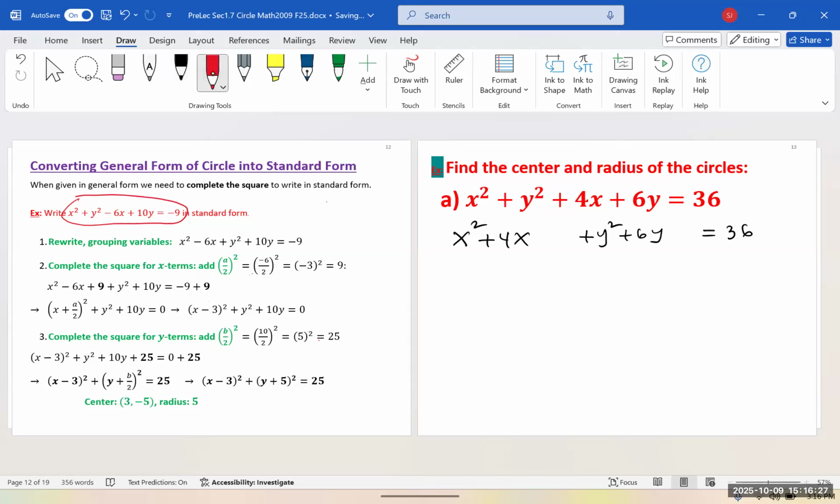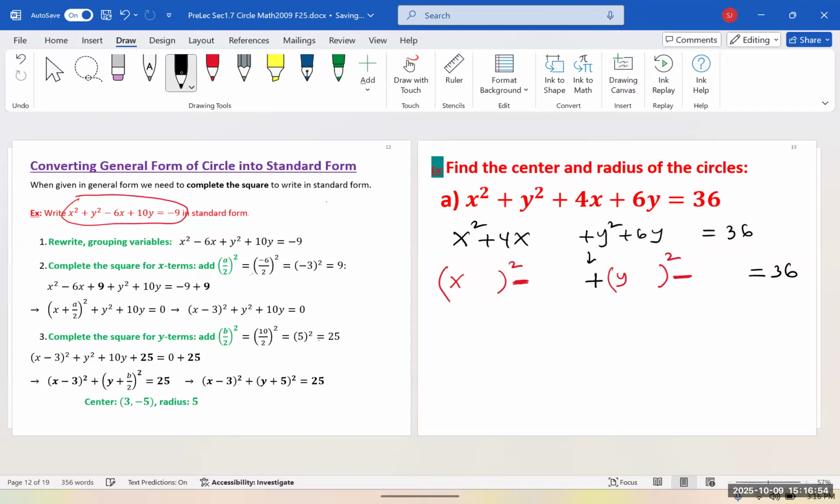It means our goal is to have this format. X is inside, square is outside, and we are going to subtract some quantity. Same thing, we have plus here, so we keep our plus. And we have y inside, square outside, and we are going to subtract some quantity. And we have our 36.